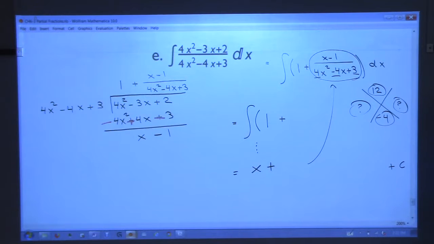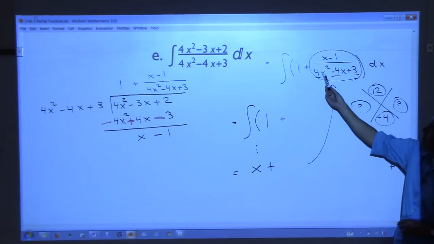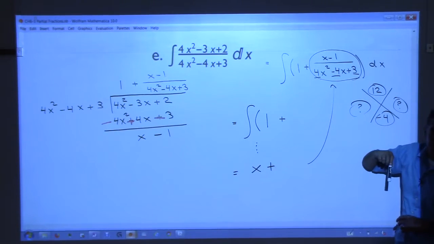And you just can't get them. 6 and 2 doesn't work, because -6 times 2 is -12. So there would be no way to factor it. You'd be stuck, so I had to try to make the top look like 8x minus 4.